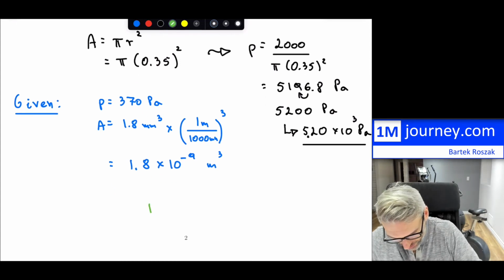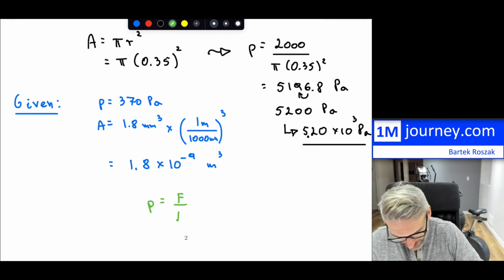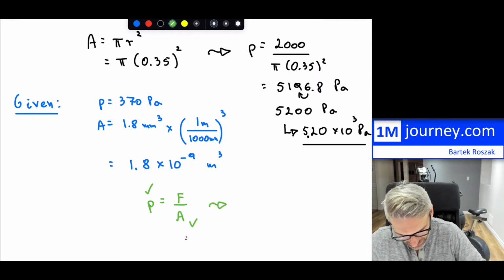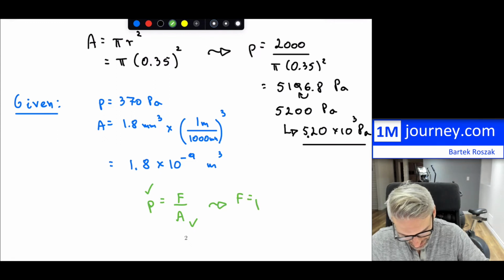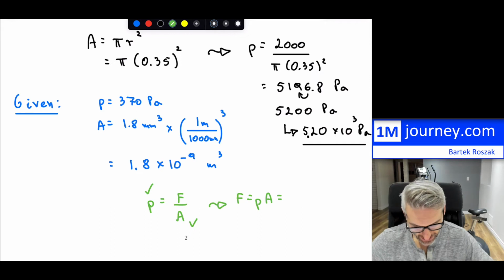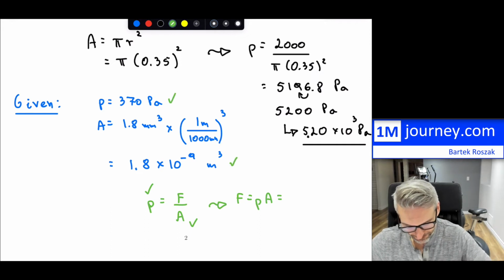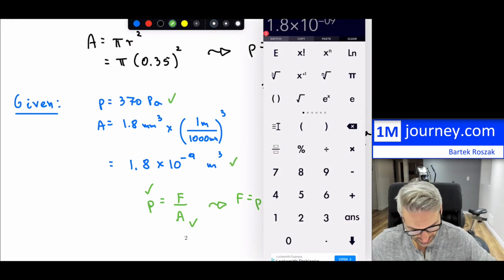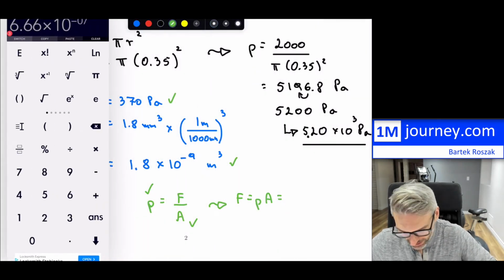From the definition of pressure, which is just force over area, we have this and we have this. That means force is simply pressure times area, and we can substitute these two in there. So I have this already, and now this multiplied by 370, and notice how tiny this is.